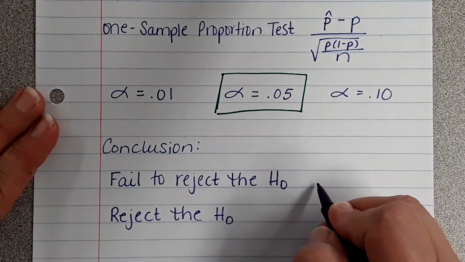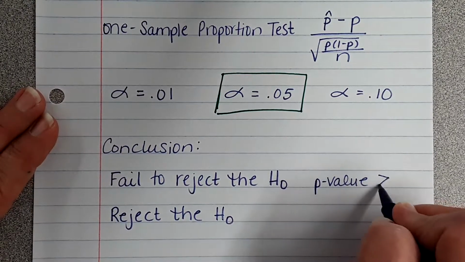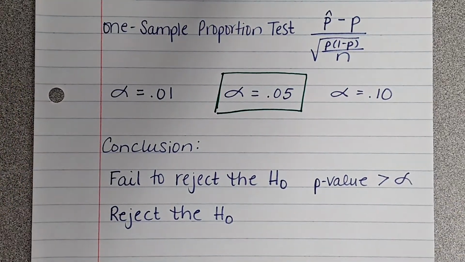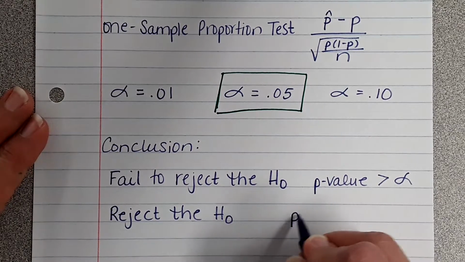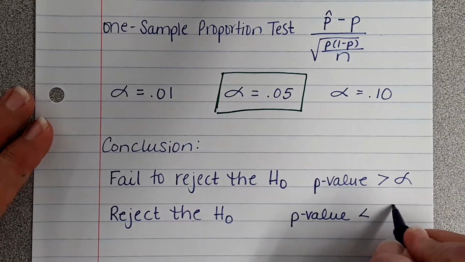So, you fail to reject when your p-value is greater than your alpha, and you reject when your p-value is smaller than your alpha.